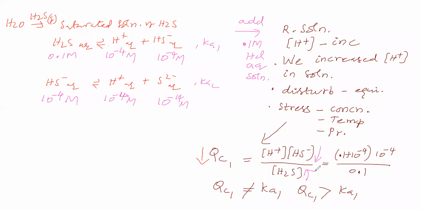So this will happen if backward is favoring or forward is favoring. System makes this concentration decrease and makes denominator concentration increase, for which system will favor forward reaction or backward reaction.